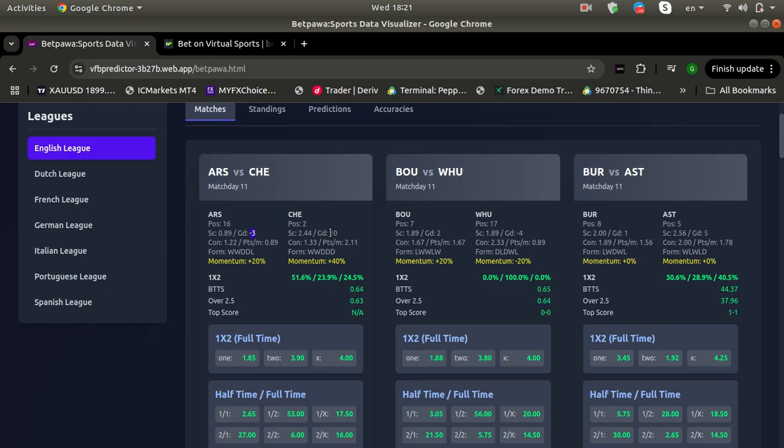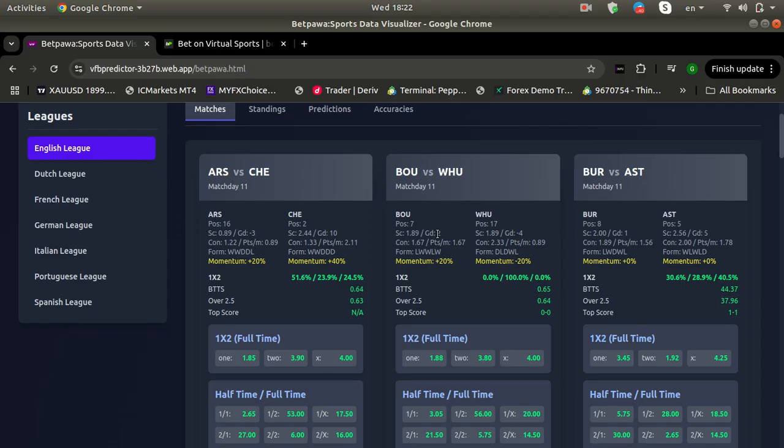A positive number like this number 10 means that this team has scored more goals than it has conceded. So by looking at this number, you can easily tell which team has been losing and which team has been winning.